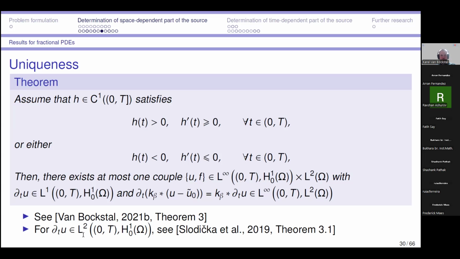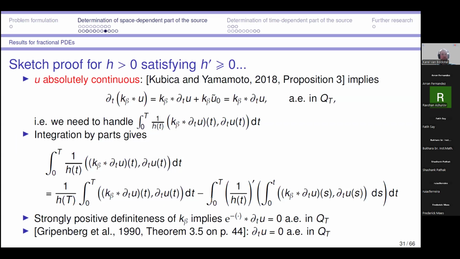And so we need, and this is satisfied for the solution of the direct problem to the subdiffusion equation, that the time derivative of k star (u minus u0) is in L1. But u is absolutely continuous and L infinity in time, so it can be written in this way.